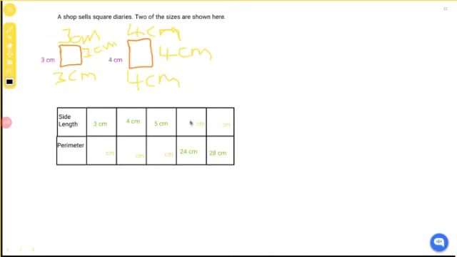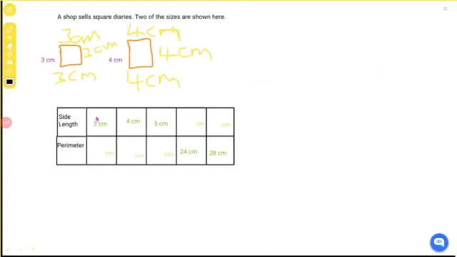But before we do that, let's just look here. Because we've got the perimeter here, and we have missing numbers in these first 3 boxes, but we have numbers in the last 2. So I think if we have a look at this first and work out the perimeter, then we can work out the last 2 side lengths.